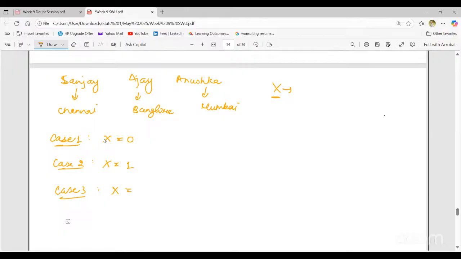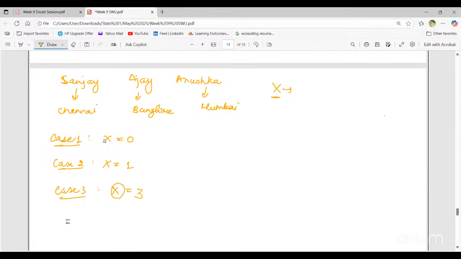If I say two of them are getting their favorite cities, then automatically my third person will get her favorite city. Yes or no? So what will be my value of X? Will it be 2 or 3? It will be 3.